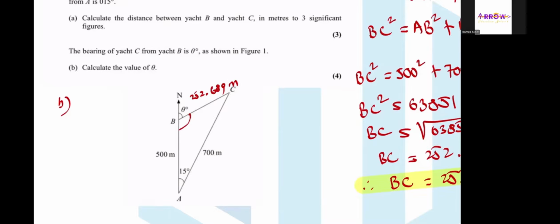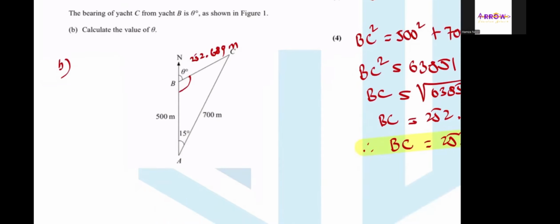So what we can do is use the sine rule. I can say that sine ABC upon the length AC.